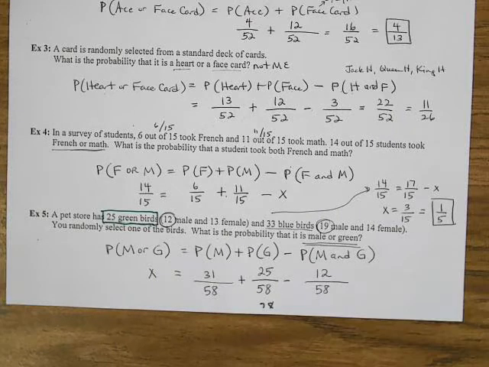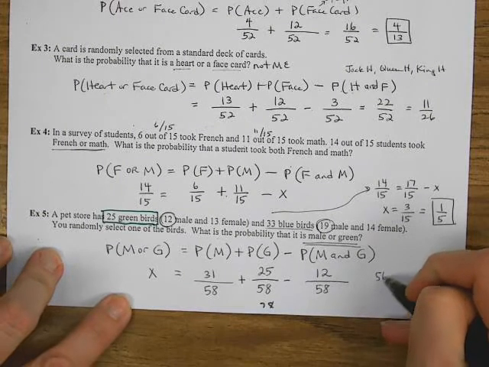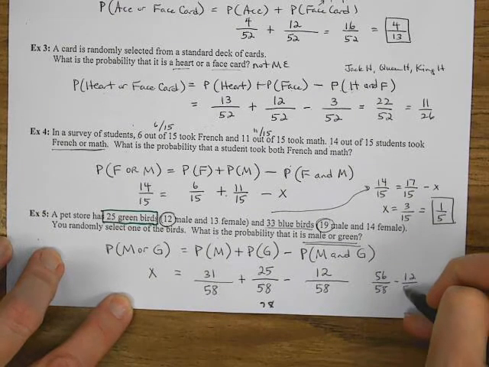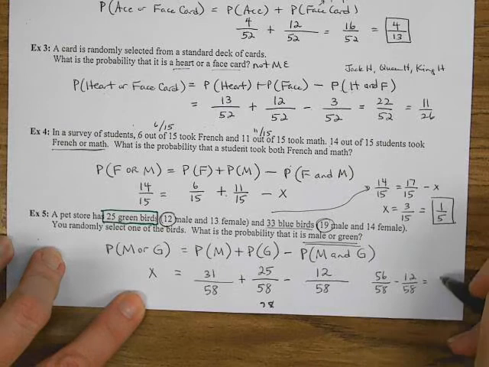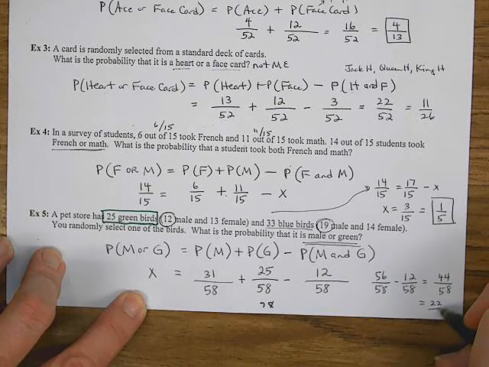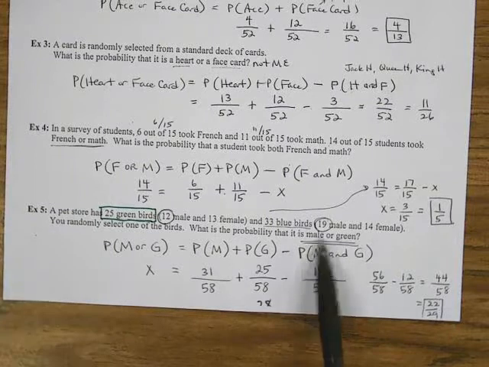So that would be 12 out of 58. All right, so if we compute that, we get 31 plus 25 is 56 out of 58 minus 12 out of 58 is going to be what? 44 out of 58, which reduces to 22 out of 29. That would be the probability that it's male or green.